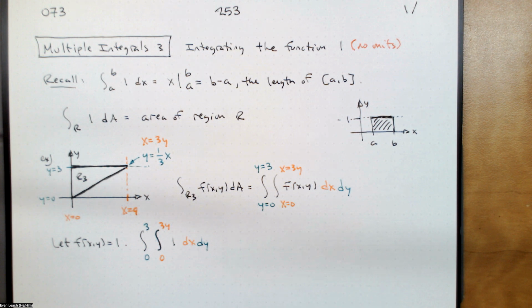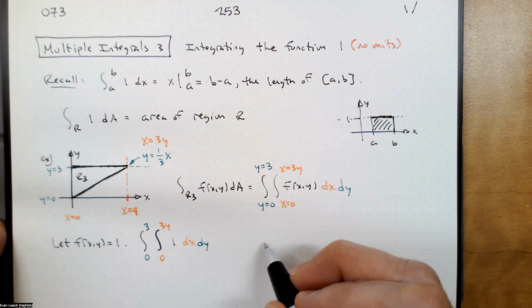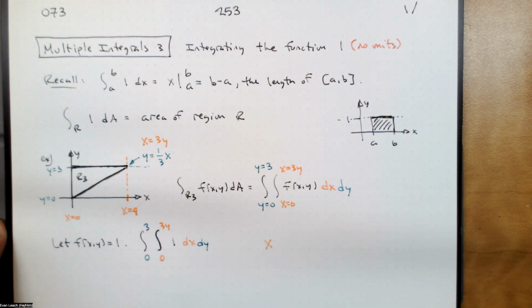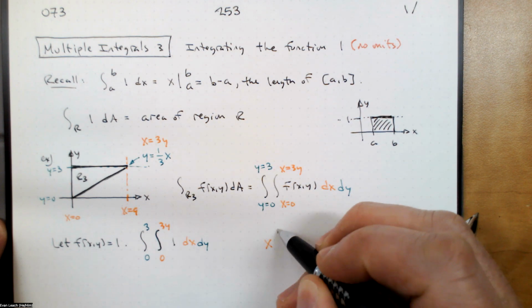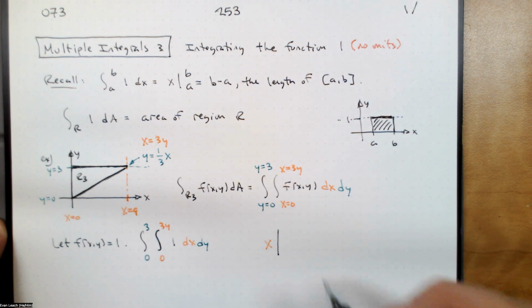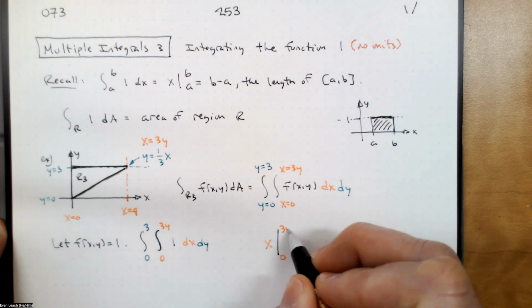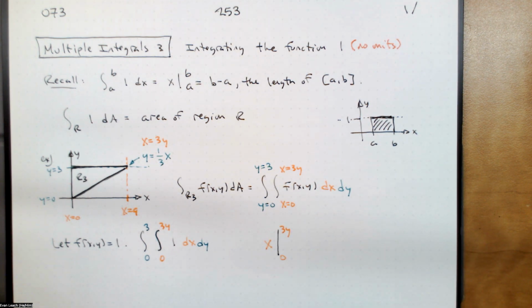So we just do things a piece at a time. I did call it an iterated integral yesterday, so we're just going to do iterated stuff, a piece at a time. First, the first integral is a dx. The integral of 1 dx is just x, evaluated from 0 to 3y. That's the result of that inside integral.